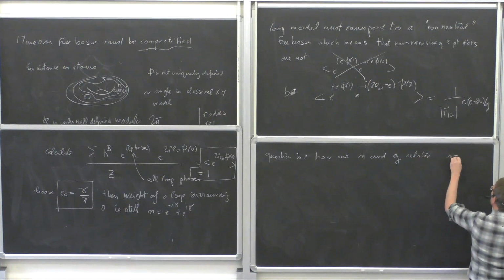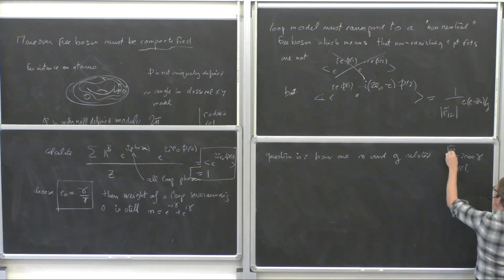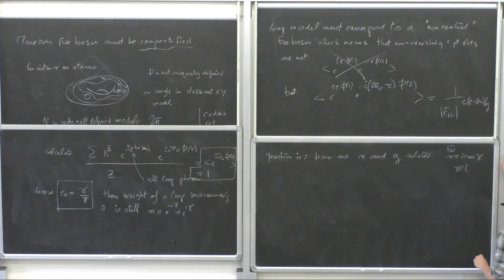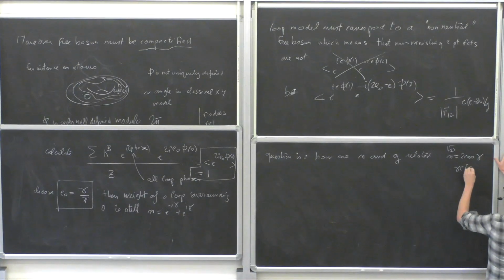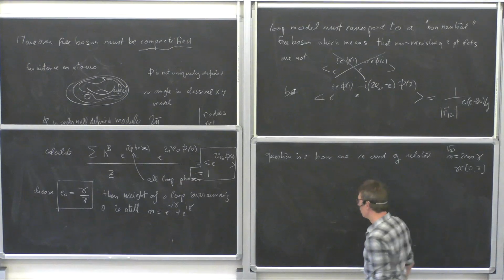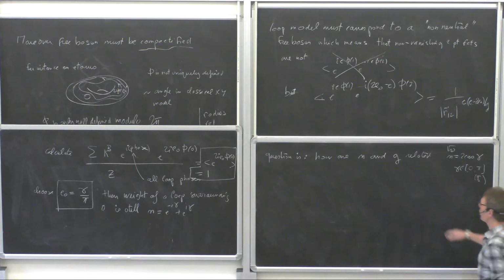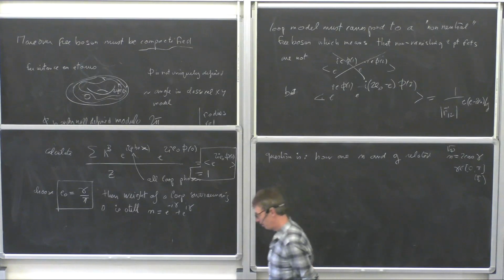Remember, the parametrization is n equals 2 cosine gamma, and if n is the square root of Q, gamma belongs to the interval from 0 to pi over 2, but very often I may extend it all the way from 0 to pi.